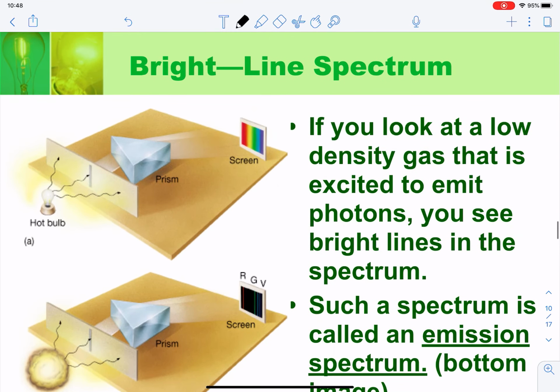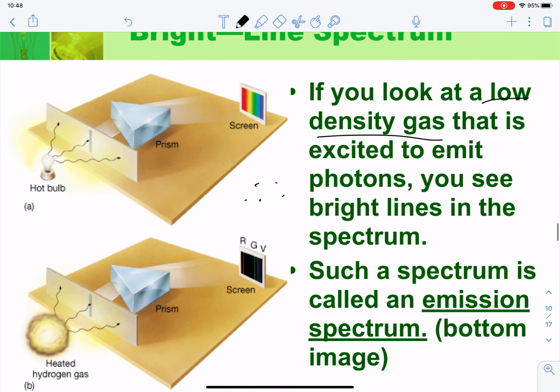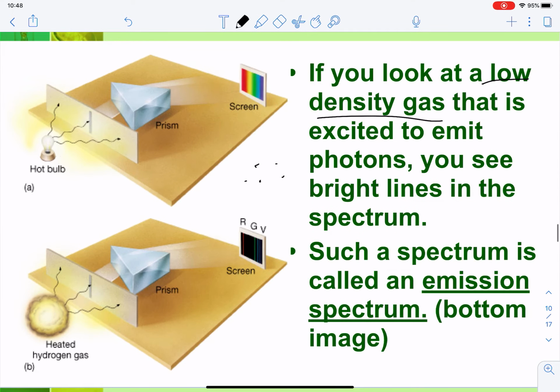And so that leads us to our bright line spectrum. If you look at a low density gas, something that doesn't have a lot of particles, that is excited to emit photons, you see bright lines in the spectrum. Here we have a bulb emitting white light.